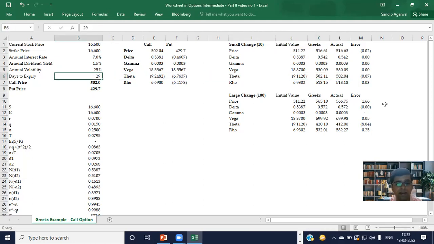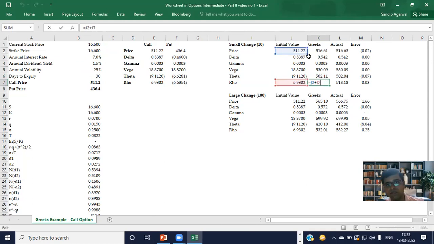We again restore it back to 30 days, and we see in case the interest rate moves by 1%, then what will happen to the price of the call option, considering the other Greeks, which is delta, gamma, vega, theta, remain constant. So it will become 511.2 plus 6.93, which is basically 518.15. So we will just see how the value of an option becomes considering the change in the interest rate.